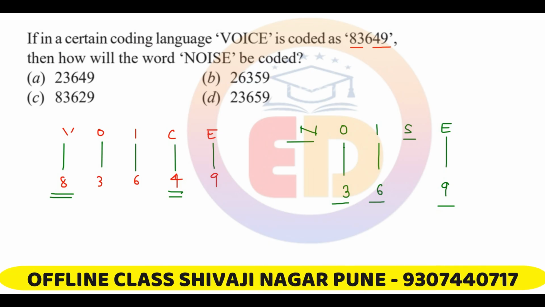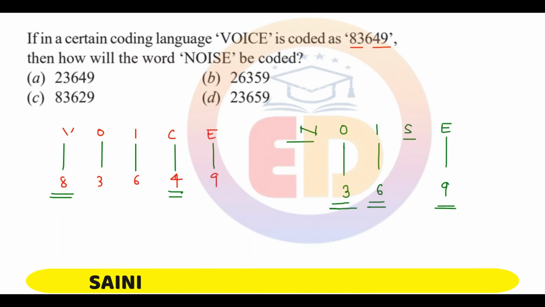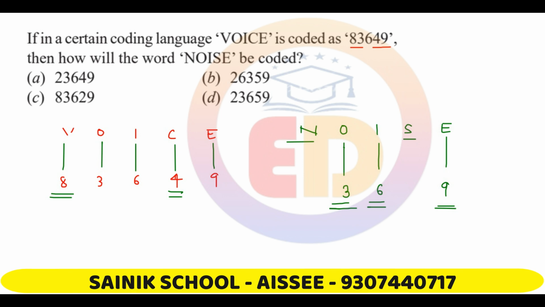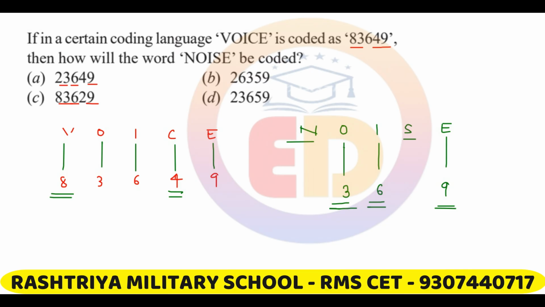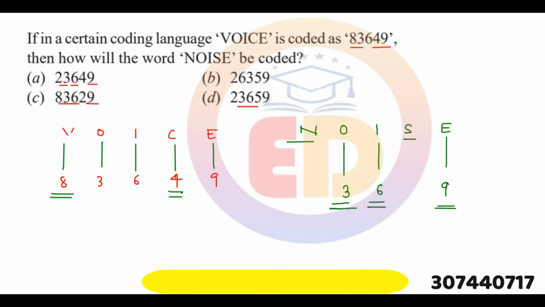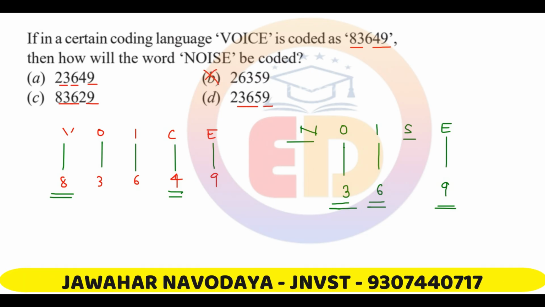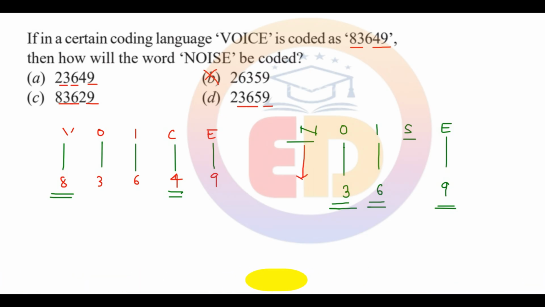So 3, 6, 9 should be at the second, third and the fifth position. So option B cannot be, and the code for N should be a new number and S should also be a new number.